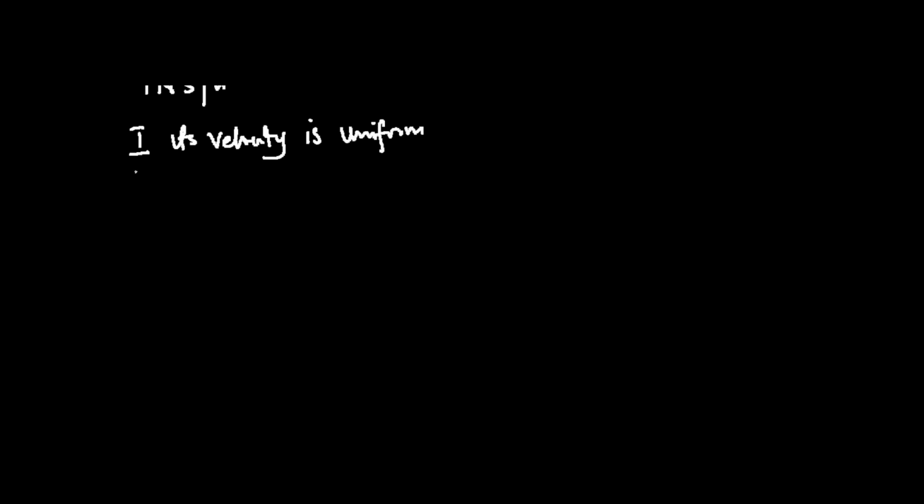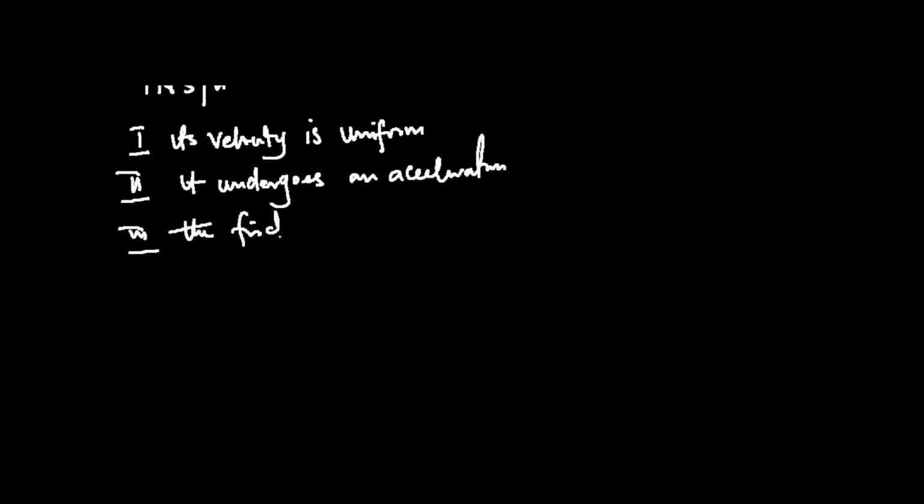Remember, when I say something is uniform, it means it's constant. Roman figure 2, it undergoes an acceleration. Roman figure 3, the friction between its tires and the ground provides the necessary centripetal force.